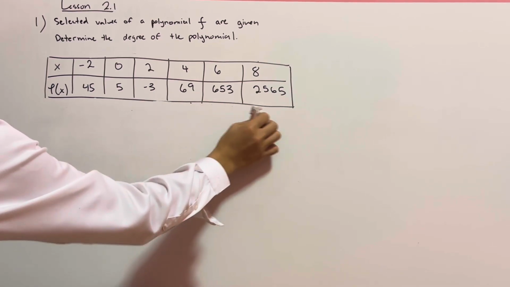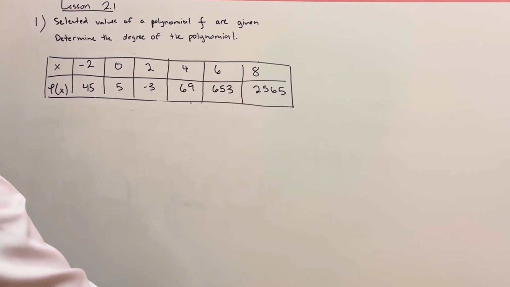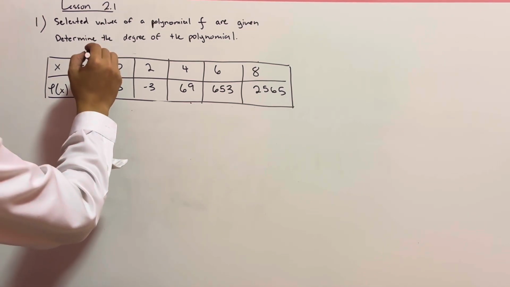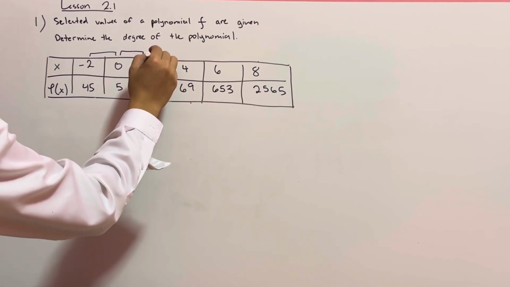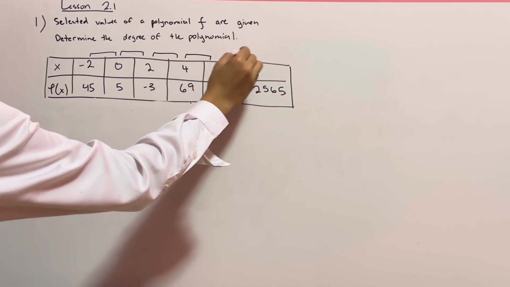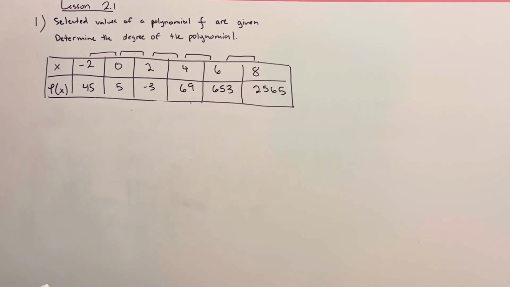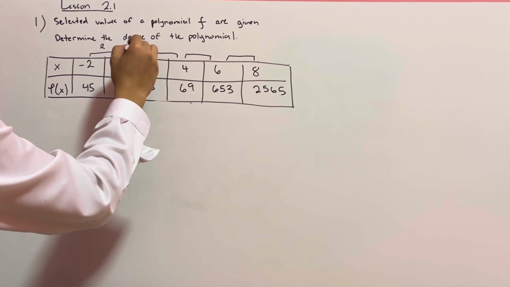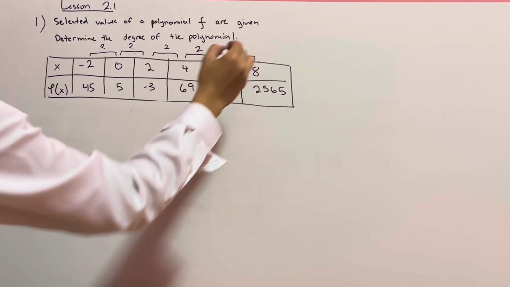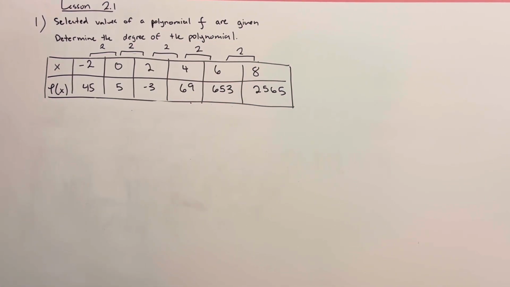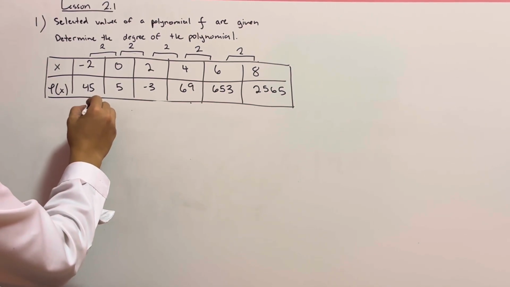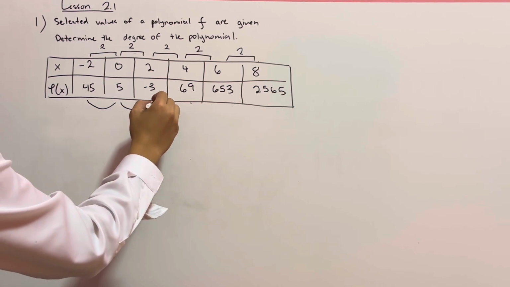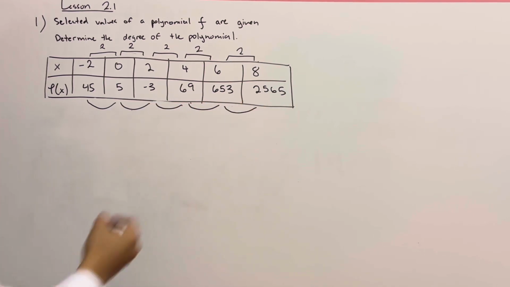So, what kind of strategies can we use with tables? Well, we know if these x values are the same, we don't have to find average rate of change since the x values are increasing equally, right? They're increasing at a constant rate on this table. Our outputs, I wonder if they increase by the same amount.